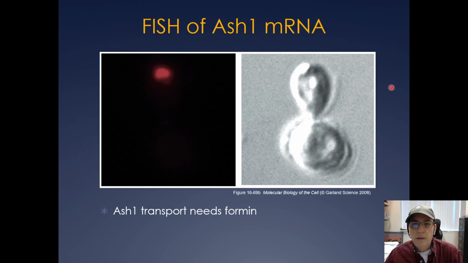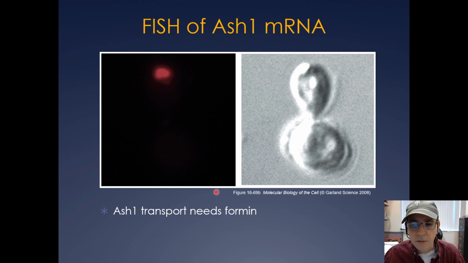Now, motor proteins are not only needed to move vesicles around, they actually move cellular molecules. Okay, and a great example of this is movement of messenger RNA within a cell. Here we have our favorite little Saccharomyces cerevisiae, our little yeast cell, and it's budding. This is the bud cell, and here is the mother cell.